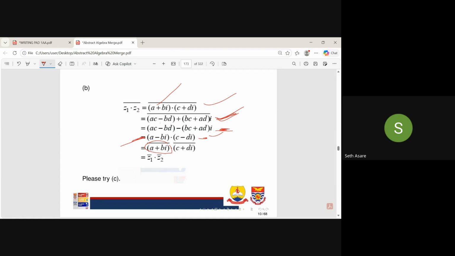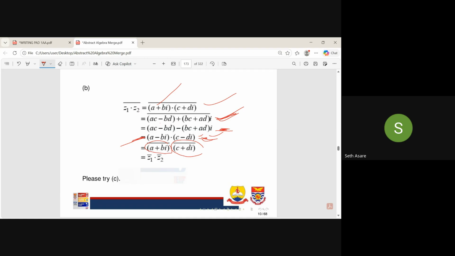This one is equal to the conjugate of the original. All right. And what is this one? This one is also equal to the conjugate of the original. So we have written that this is equal to the conjugate of the original.